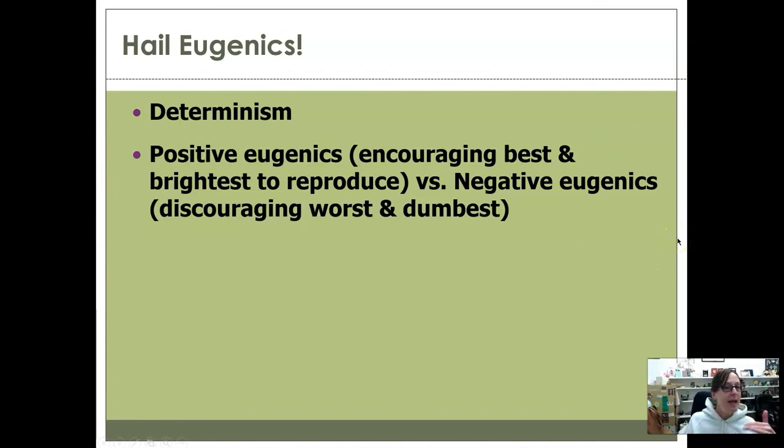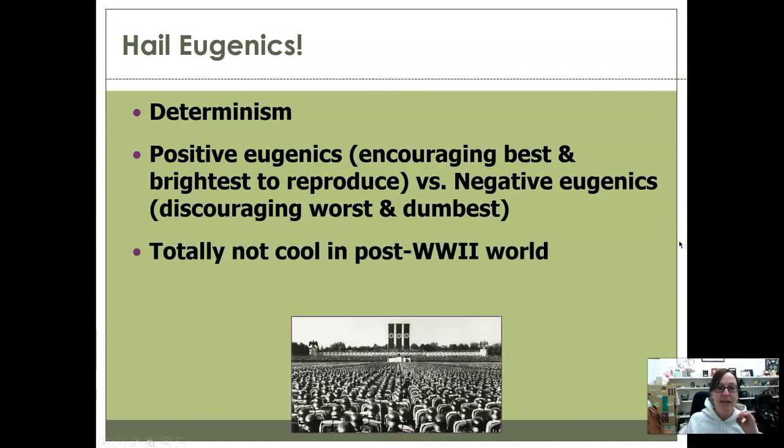So this type of thinking is definitely not cool in a post-World War II world, because eugenics and determinism, that was Hitler's whole thing. This idea that he had certain people that he thought were impure and were ruining the purity of the bloodlines or whatever.